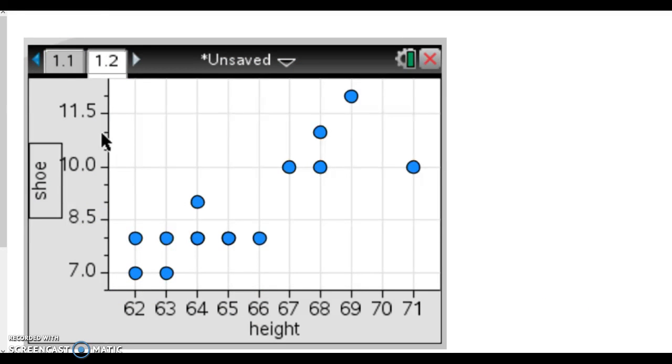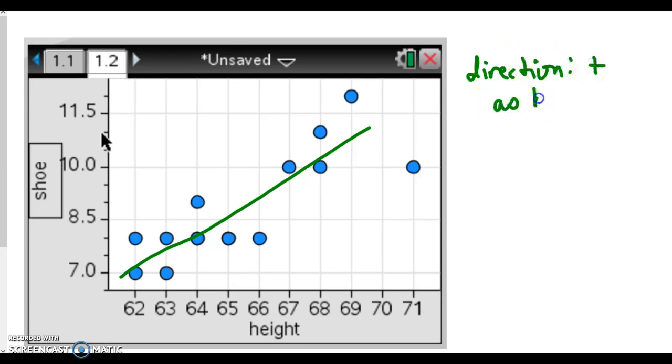Here's an example of some data that I collected with my class last year. I'm going to eyeball and draw in what I feel would be a decent best fit line. So the direction for this data is obviously positive. As height increases, shoe size tends to increase.